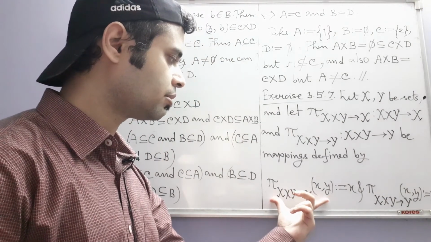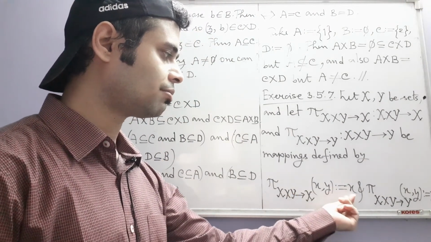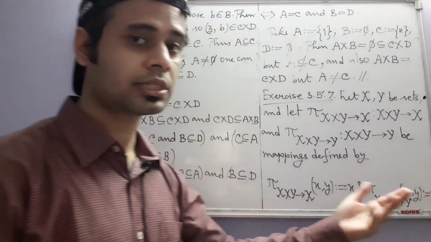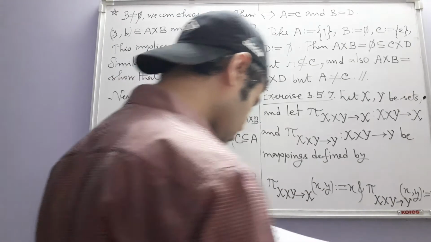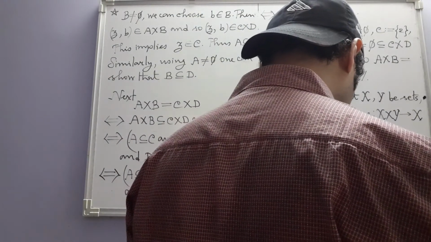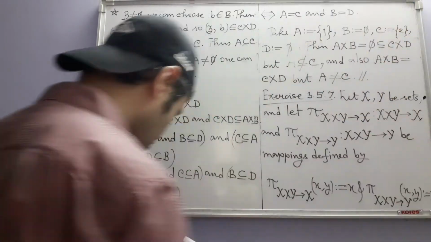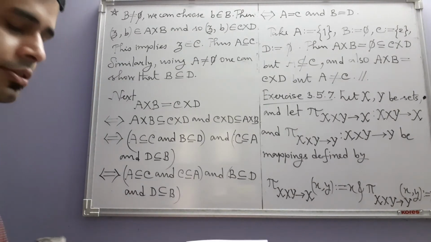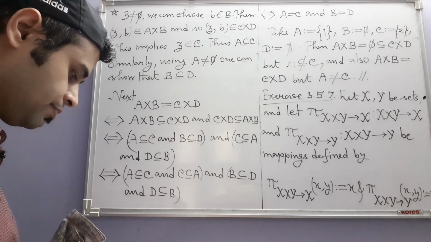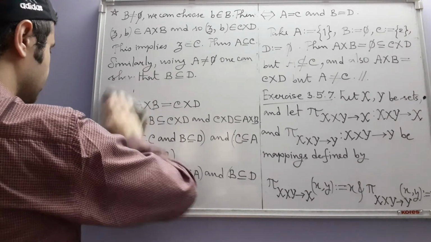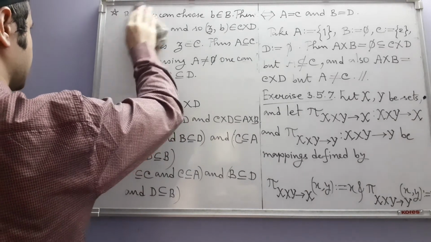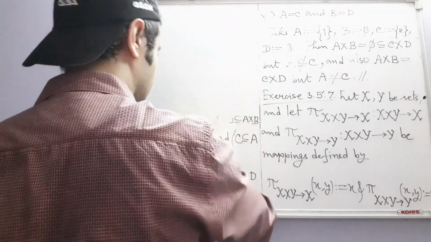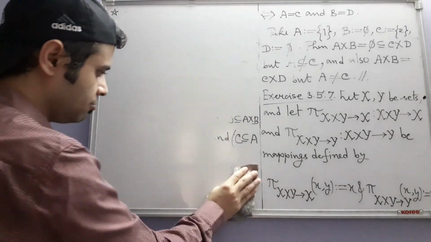So this is called the projection onto the first component, and this is projection onto the second component or second set. Although in this exercise the word projection has not been mentioned, something else has been mentioned, direct sum of two functions. Let's write the exercise down and see what these things mean.